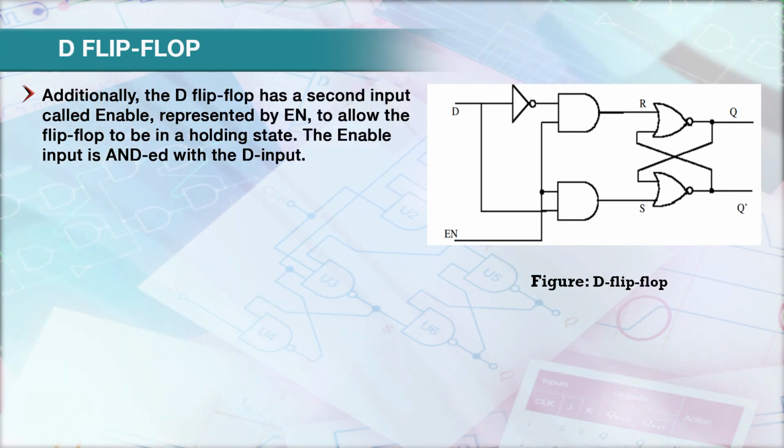Additionally, the D flip flop has a second input called enable, represented by En, to allow the flip flop to be in a holding state. The enable input is ANDed with the D input.